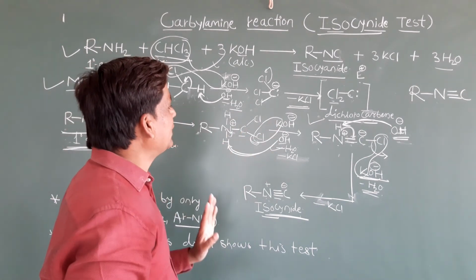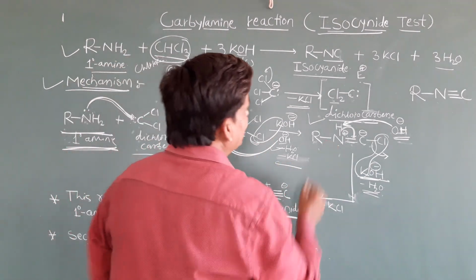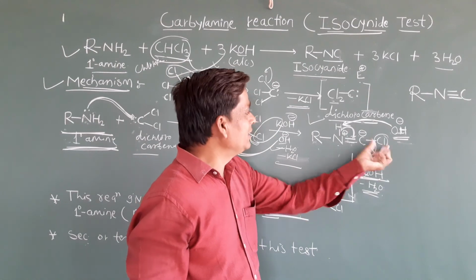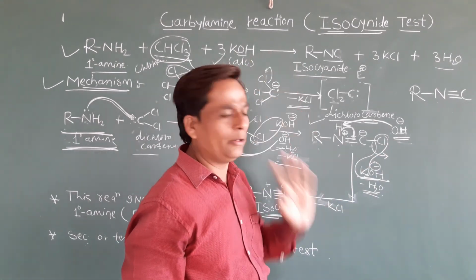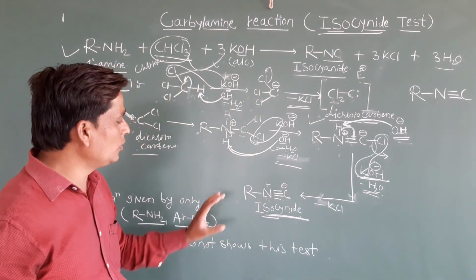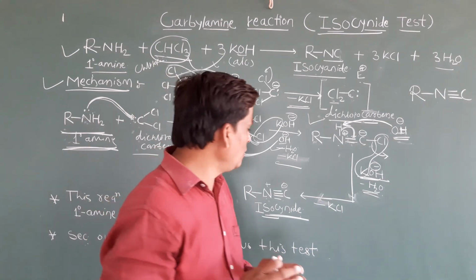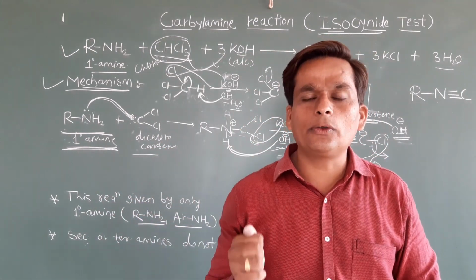Again it reacts with KOH, a water molecule and KCl are removed, and here we get R-NH double bond C-Cl. Again you use KOH, because you use KOH 3 times, and it loses KCl and a water molecule, and simply here we get isocyanide.